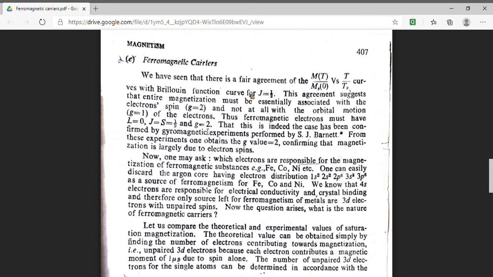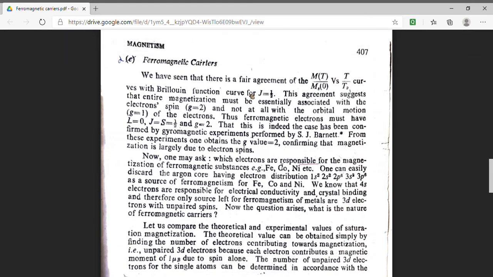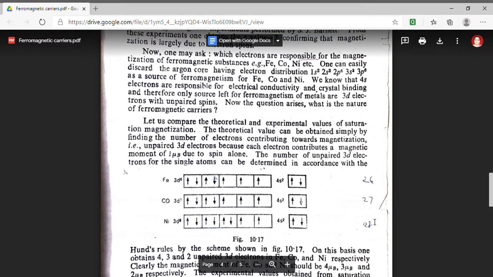Now, since only spin motion is responsible for magnetization, we will show which electrons are responsible for this ferromagnetic behavior. That means we are going to derive our ferromagnetic carriers. The ferromagnetic substances are iron, cobalt and nickel. The atomic numbers of iron, cobalt, nickel are 26, 27 and 28 respectively.